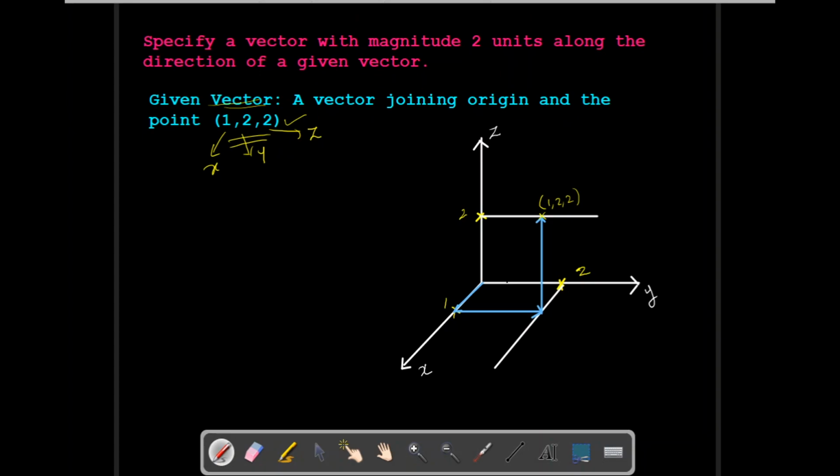So my resultant vector will start from the origin and end at this point. Let me name it: if this point is some P, this will be the vector P.